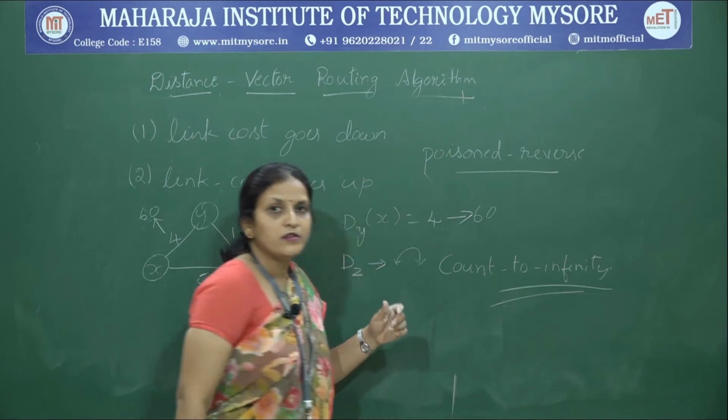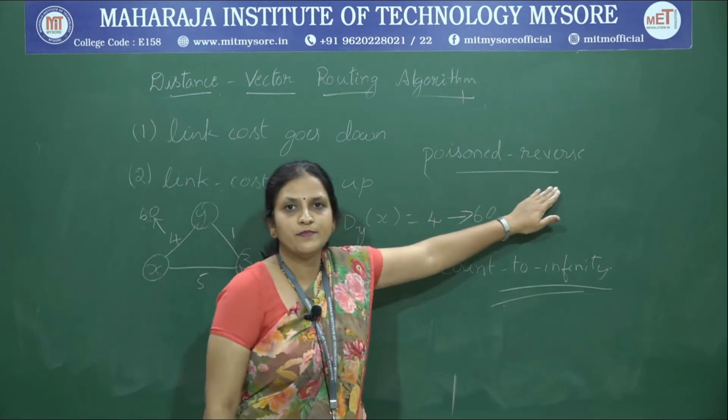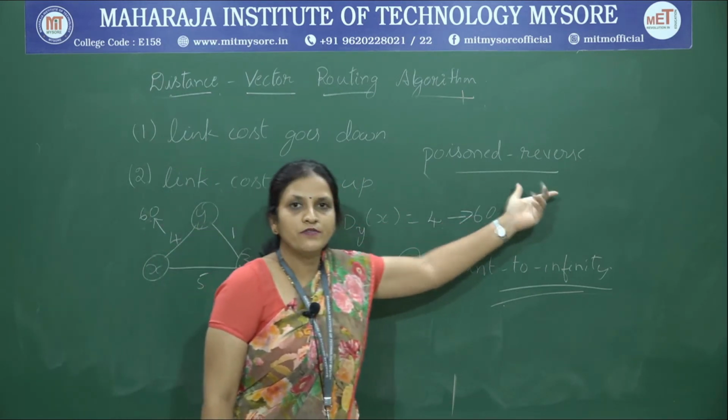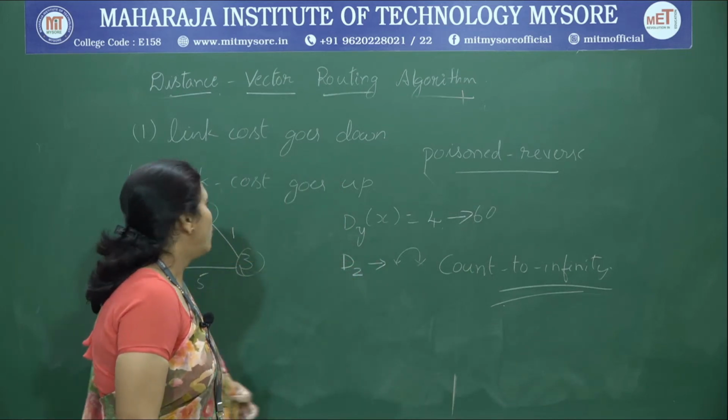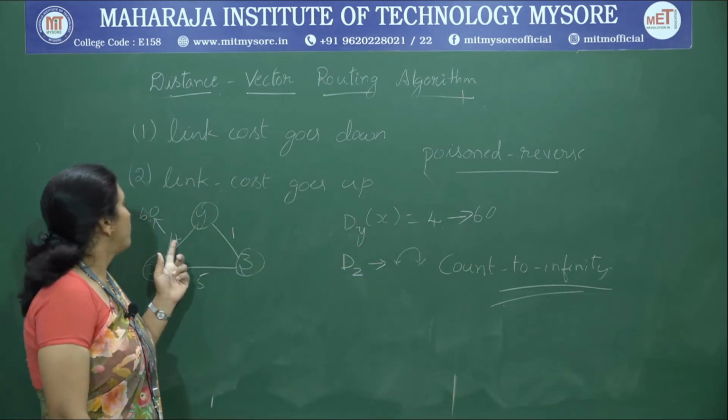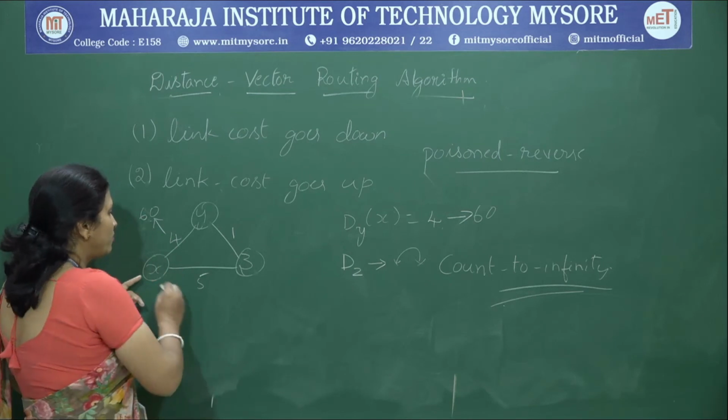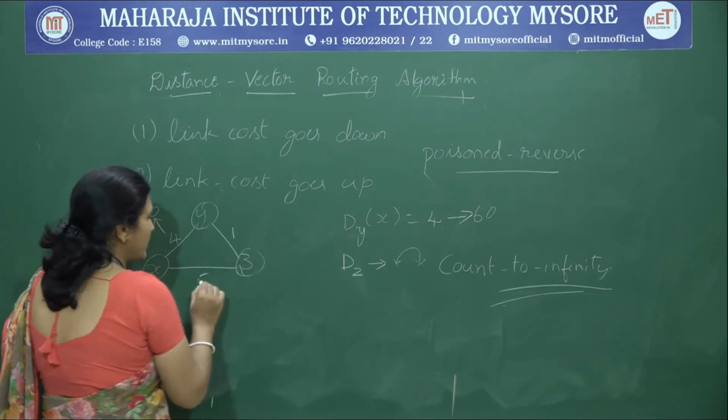reverse method. So, what is this Poisson reverse method? In case of the Poisson reverse method, when the value goes up from 4 to 60, we have x to z as 5.